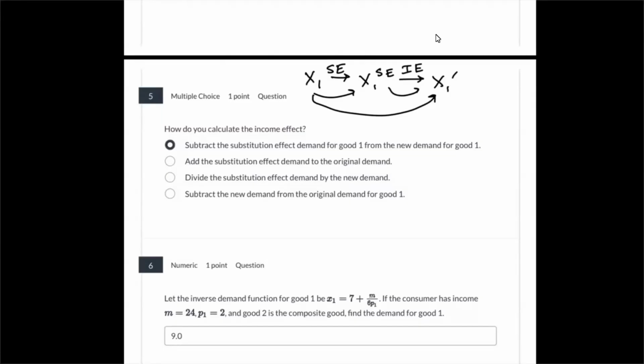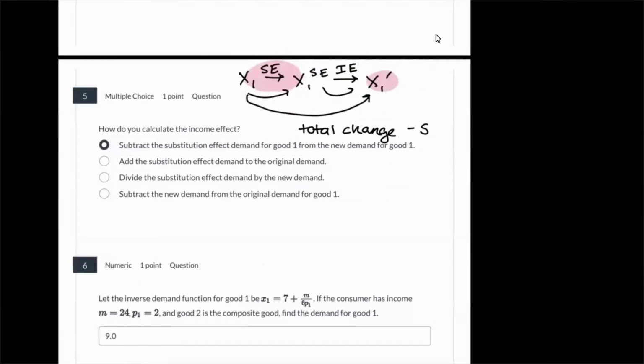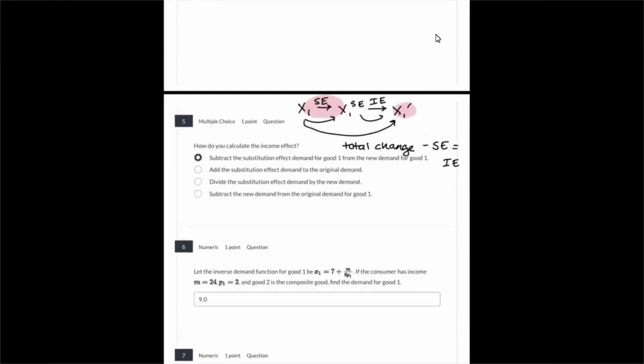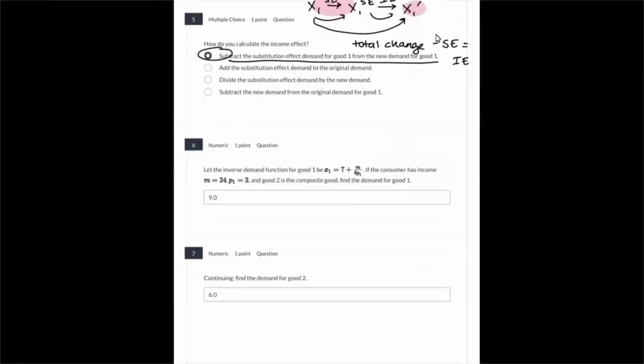Once we do this M prime business, we can find out these things. We've already found out the total changes. We can say the total change minus the substitution effect. That's what the income effect is. We subtract the substitution effect demand for good one from the new demand for good one. That's how I find the income effect.